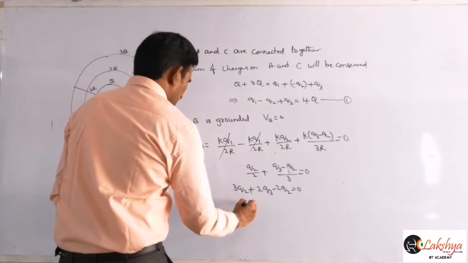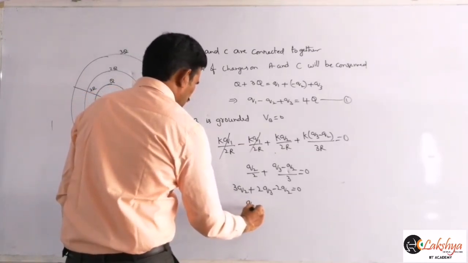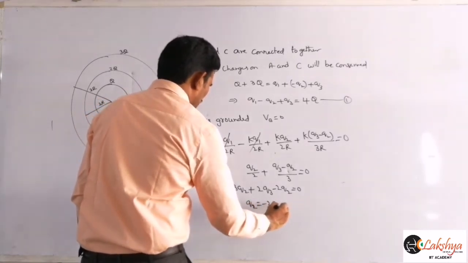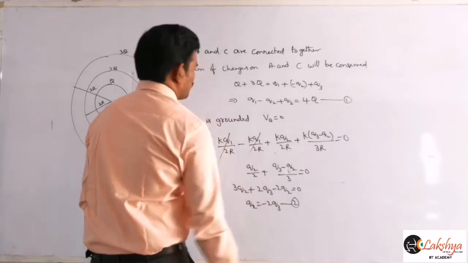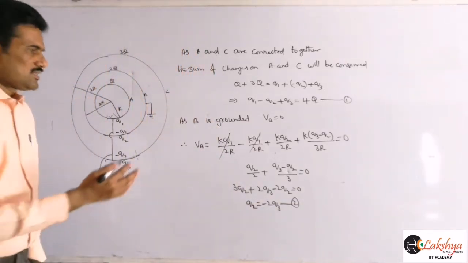And so from this what I can write is Q2 is equal to minus 2Q3. Suppose this is the second equation.